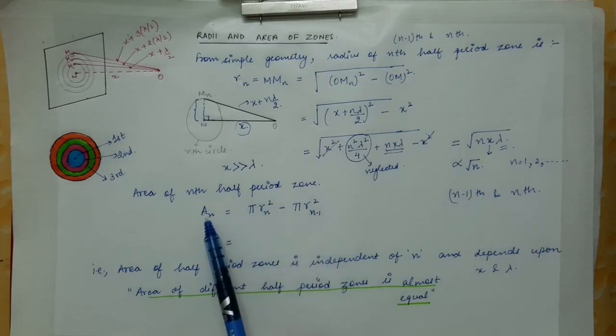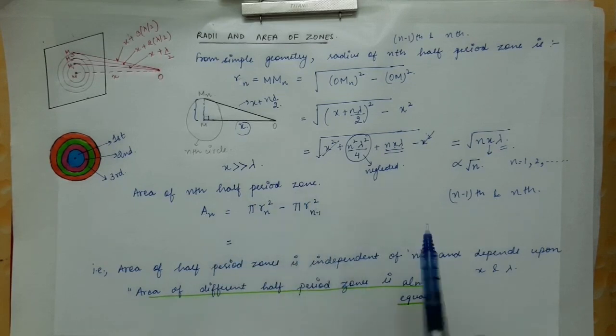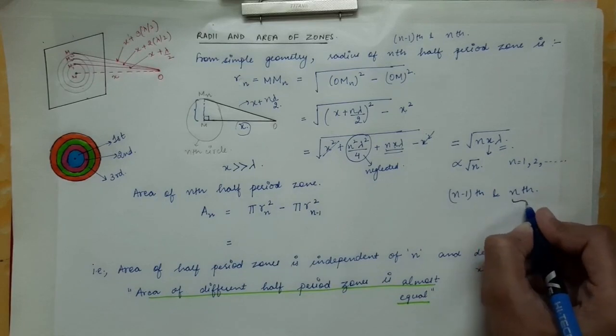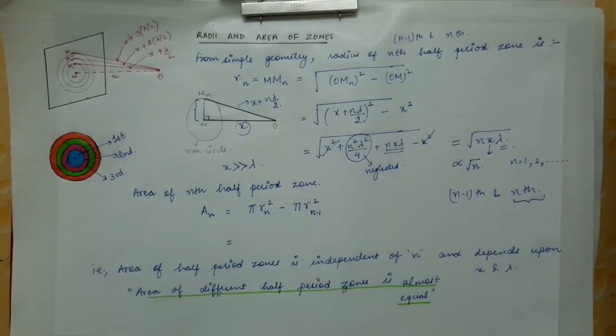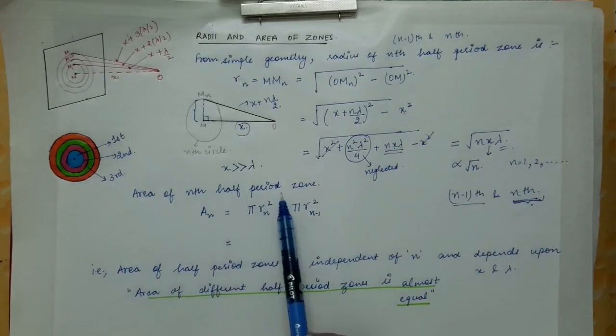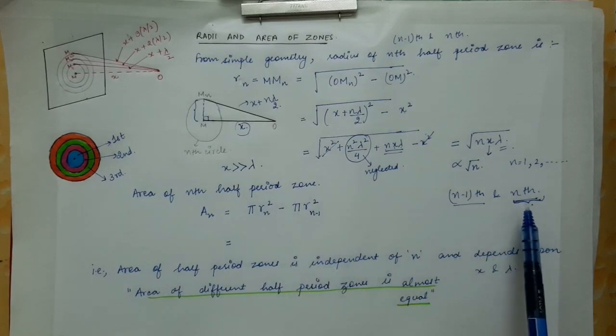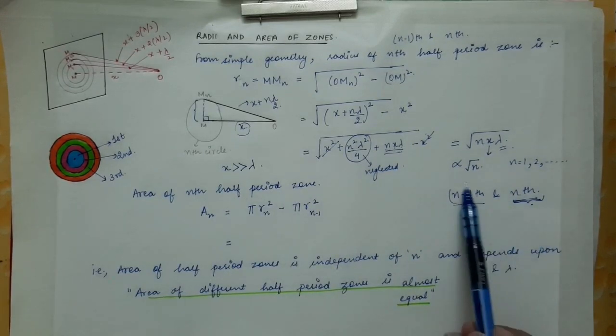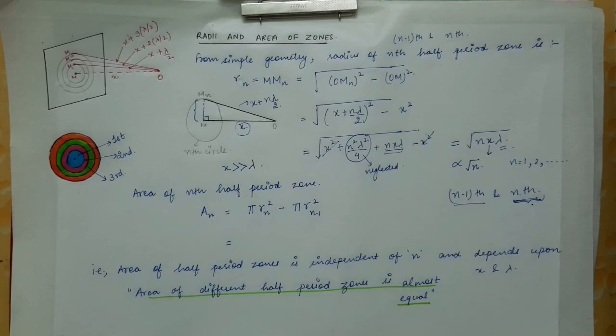So what will be the area of that region? What will be the area of the nth half period zone? It will be equal to the area of the nth circle minus the area of the n minus 1 circle.